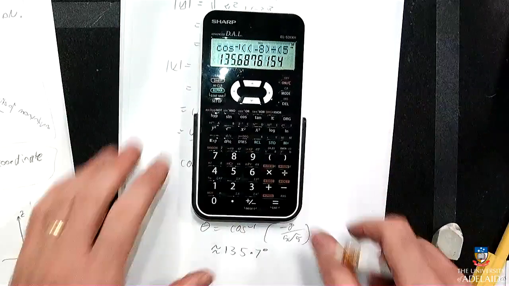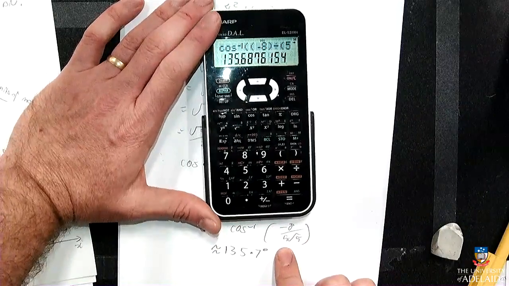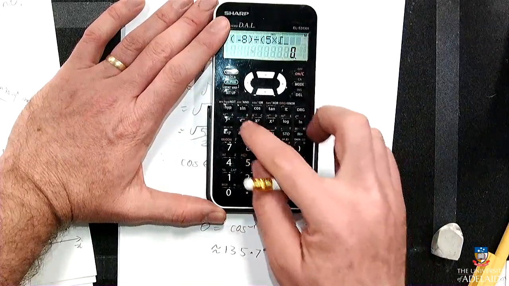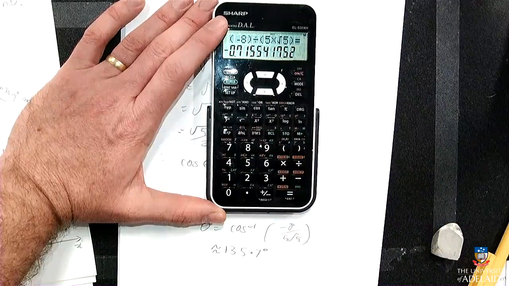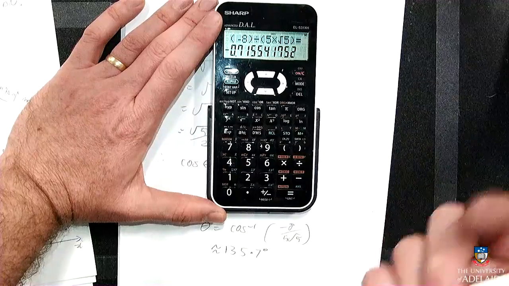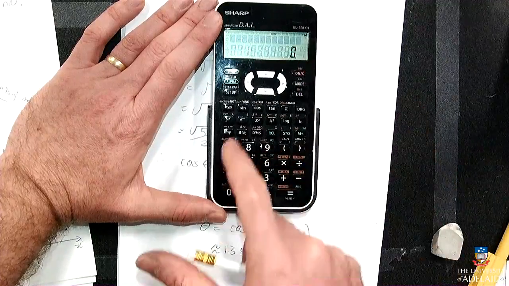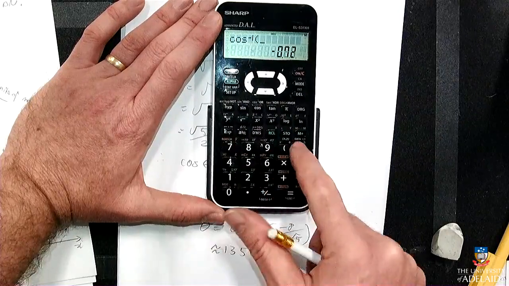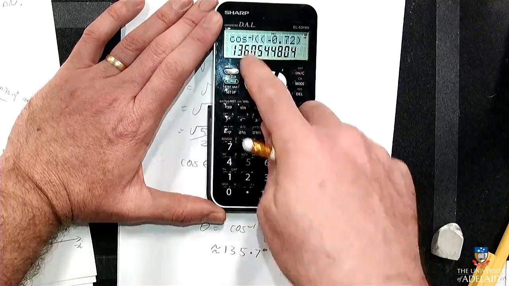Now, what you don't want to do is figure out what this is and then do it afterwards. So let me just show you something. Minus 8 divided by 5 times square root of 5 is minus 0.715, so that rounds off to minus 0.72. Watch what happens when I do cos inverse of minus 0.72. I get 136.05.